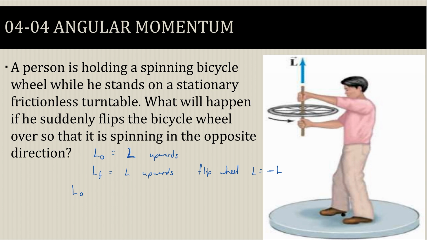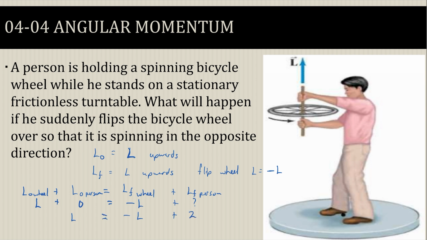So if I have L0 equals LF of the wheel plus LF of the person. Initially, the initial momentum of the wheel is L, and the person is stationary. Afterwards, when I flip it upside down, assuming that the speed of the wheel stayed the same, it's now upside down. The direction is opposite, so it's negative L. So in order for this to be balanced, what do I need to add?